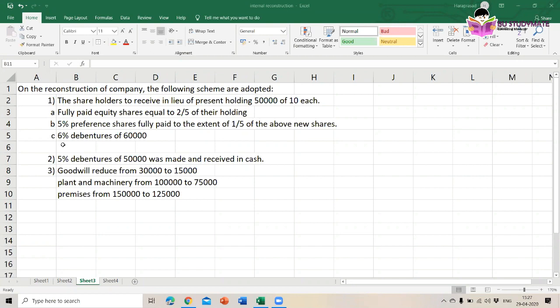Then the amount that we get, we need to give for the preference share by multiplying by 1/5 of the new shares. Then we need to give for the debentures. The total 5 lakh rupees is distributed in this manner.